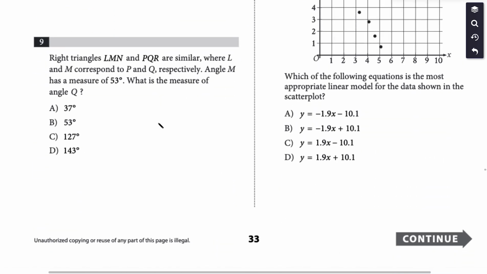Number 9 says right triangles LMN and PQR are similar, where L and M correspond to P and Q respectively. Angle M has a measure of 53 degrees. What is the measure of angle Q? So we could do a model, right?